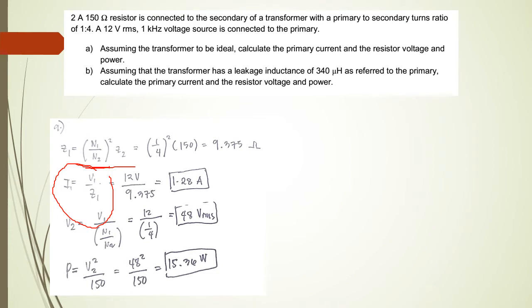So, we have 150 times the 1/4 squared. We have impedance from the primary, we have 9.375 ohms.